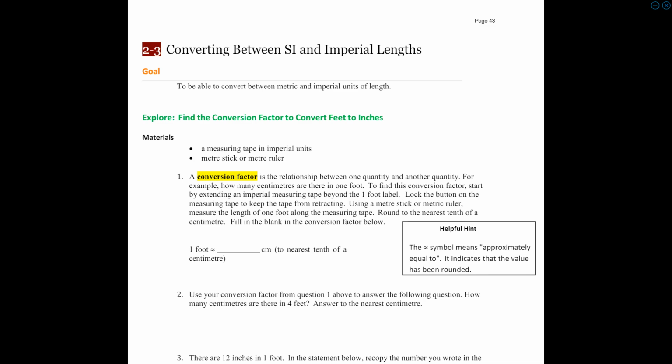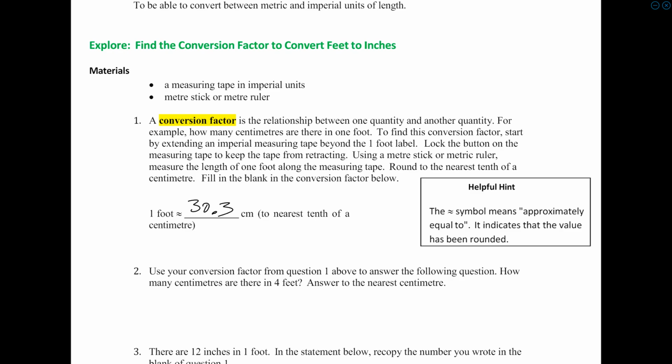But with this tape measure, we saw that 1 foot was approximately 30 centimeters. Looking on here, it looks to me like maybe 30.3 centimeters, something like that, is my approximation from what I see here. So 1 foot is maybe something like 30.3 centimeters, give or take.